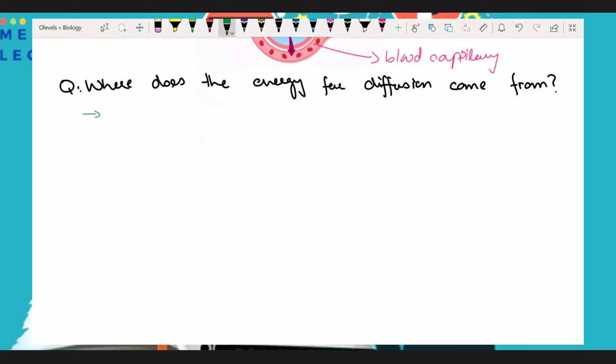So we know that the particles move randomly all the time, right?